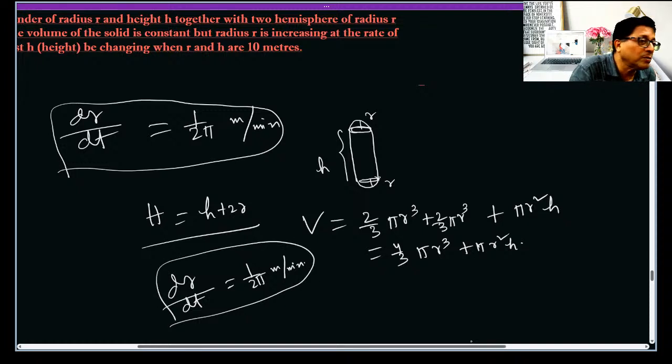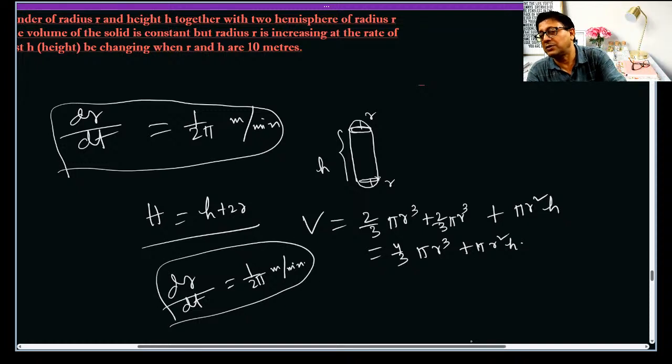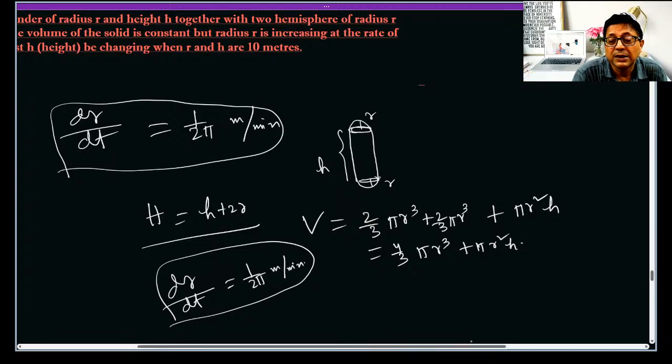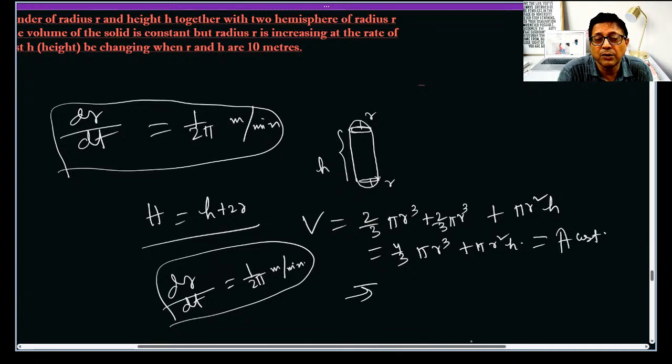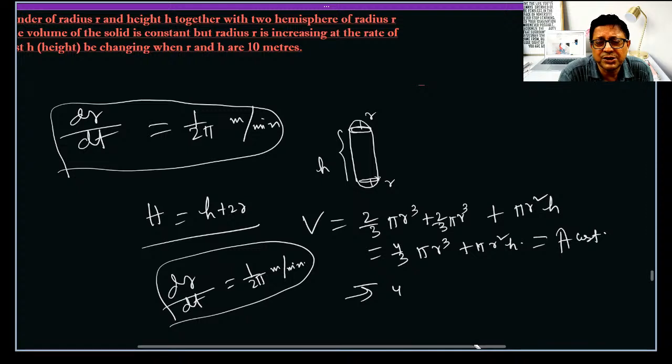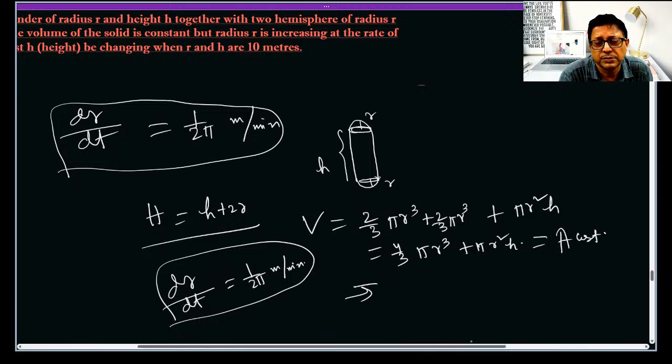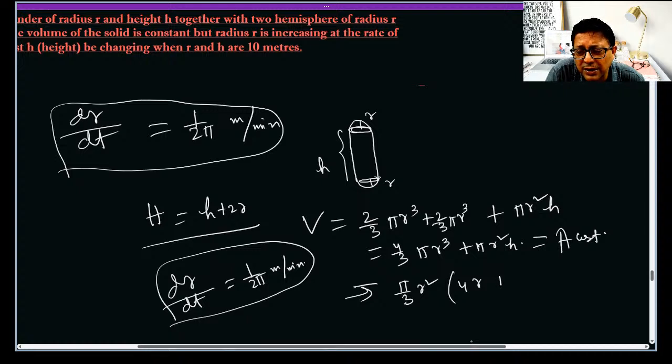Now one thing, before you solve this, you must know the process, no? One is increasing, other has to decrease. Why? Because volume is constant. This is equal to a constant given. Now take pi by 3 r square common. So pi by 3 r square common means it will be 4r plus 3h.